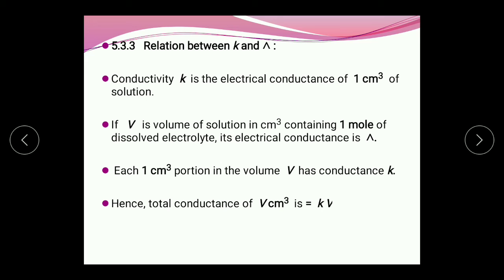We just multiply, K into V will be the total conductance. Now, this is molar conductivity. So we have lambda equal to K into V.